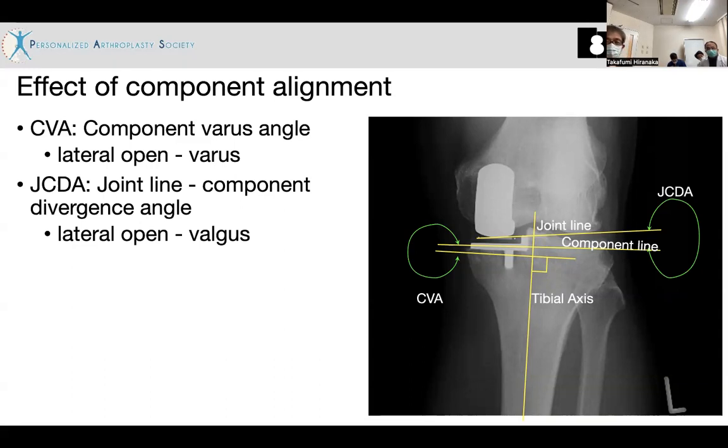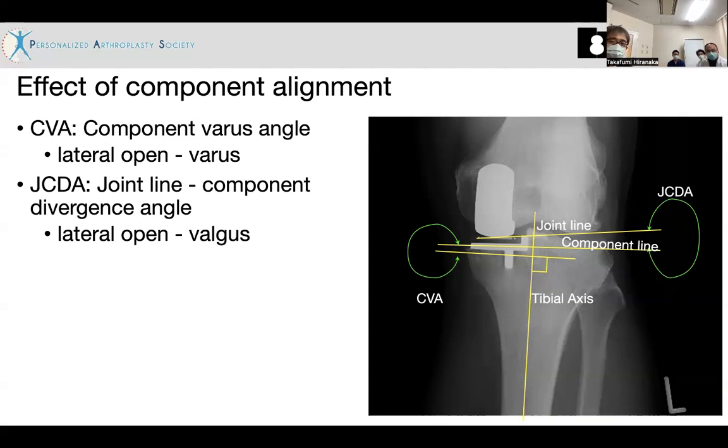So I defined this as JCDA, the joint line component divergence angle. I think both are very important. Ideally, this is my opinion, the component should be placed parallel to the joint line, like TKA.